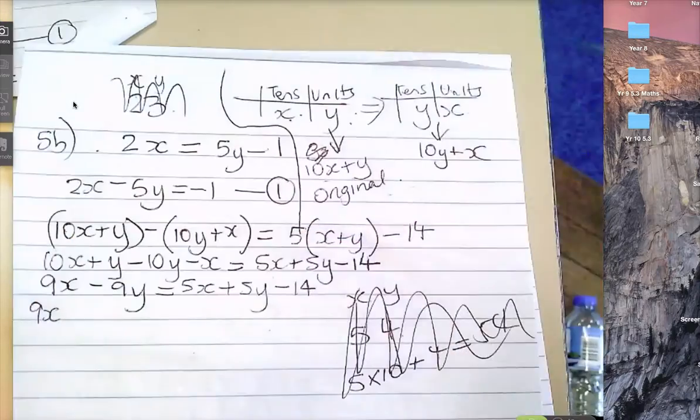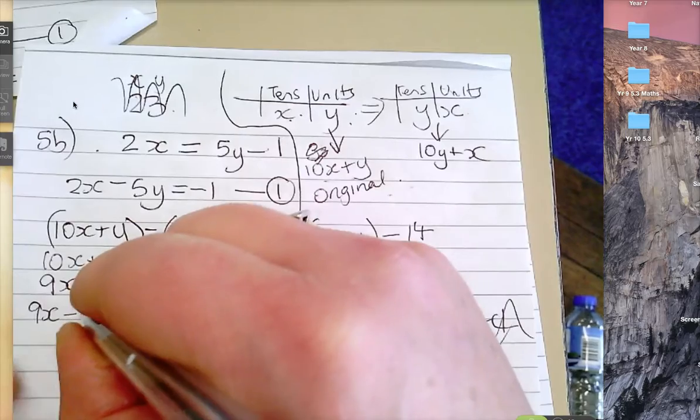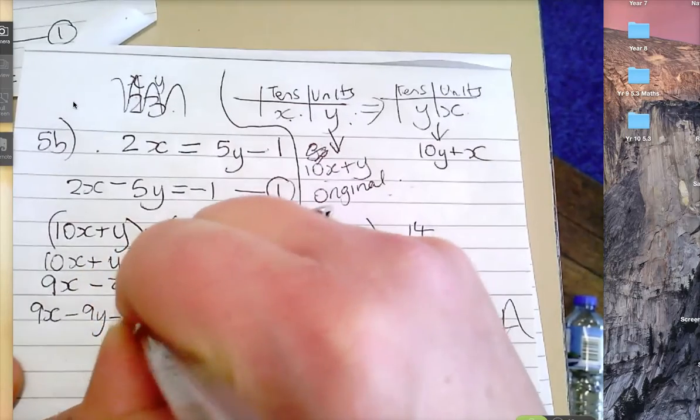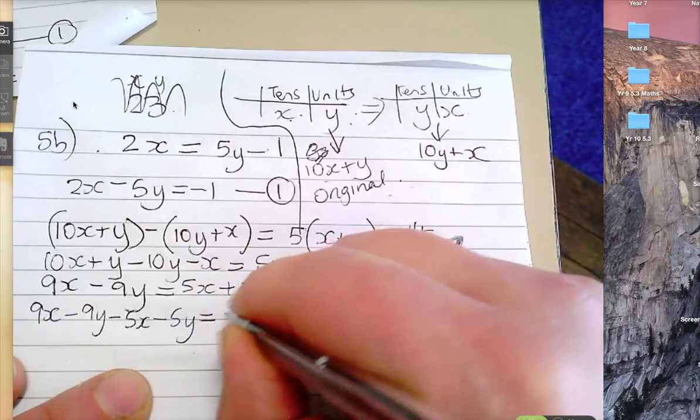So 9x minus 9y minus 5x minus 5y equals negative 14.